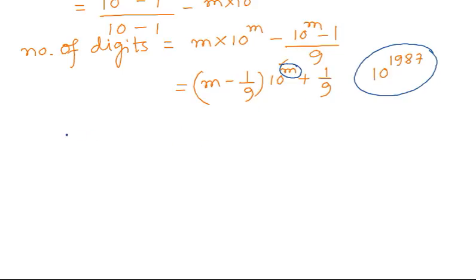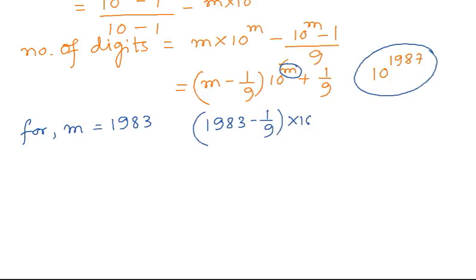So by hit and trial, if I take m equal to 1983, then the total number of digits is coming out to be 1983 minus 1 by 9 into 10 to the power 1983 plus a very small quantity, that is 1 by 9. Now we can see that 1983 minus 1 by 9 is definitely less than 10 to the power 4.